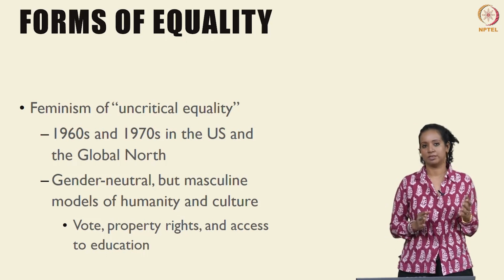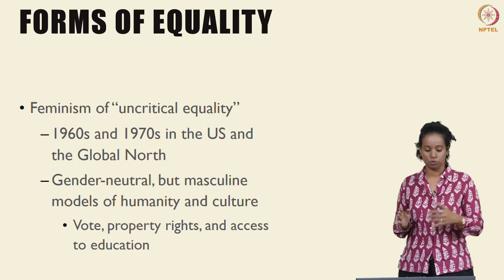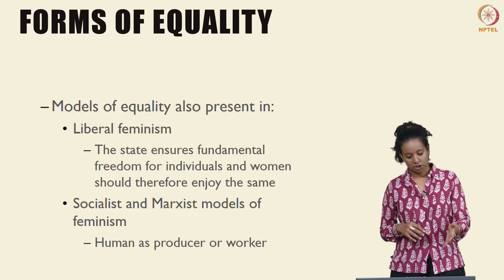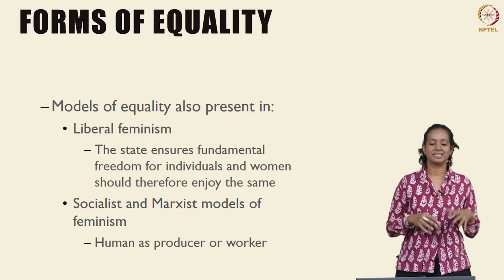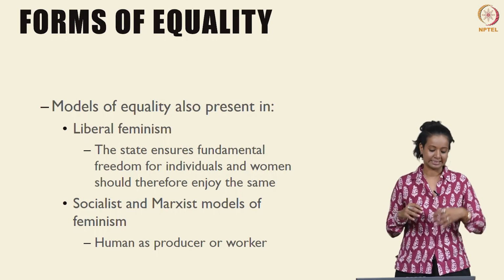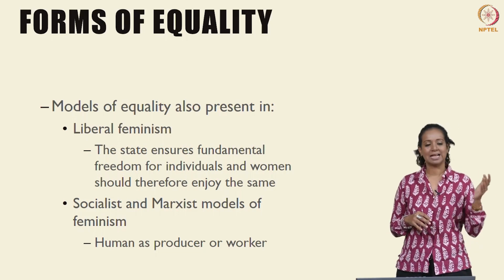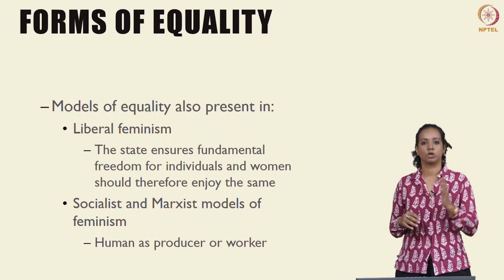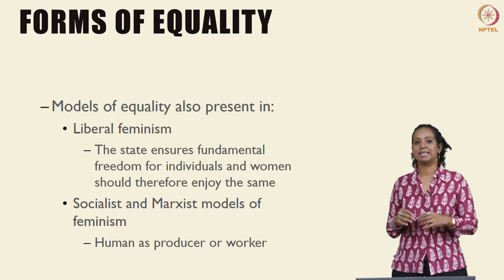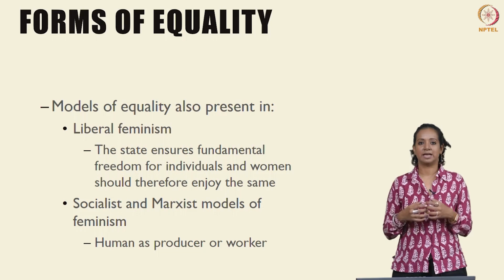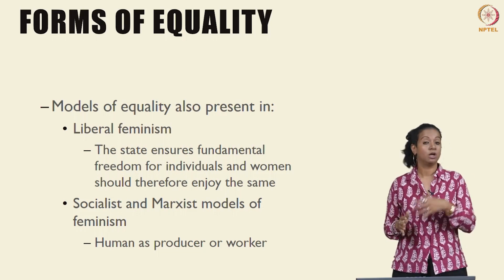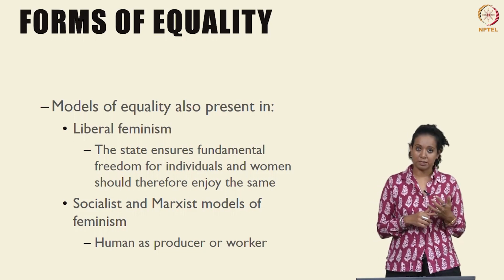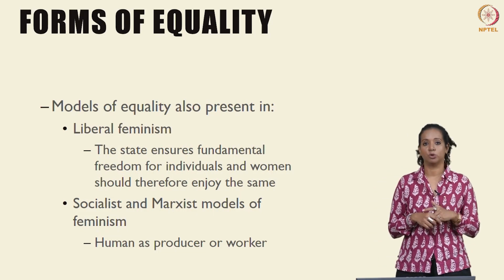And the reason why this is not enough is something we will get into over the course of time. Such a model of equality or such models of equality are also present in forms of thought known as liberal feminism and socialist and Marxist models of feminism. Now, when I say they are present, it means that in many ways we are trying to trace the history of a concept. Concepts are not properties of people or of times or of location.